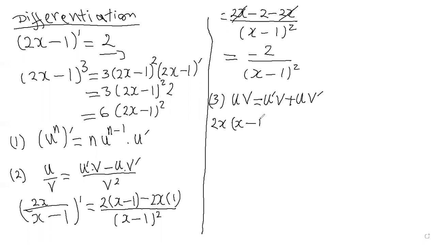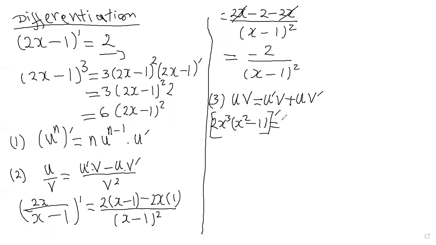Let me put here 2 and here 3. So instead of multiplying this out, we can do this. Watch me here. This is our u. If we derive all this, let's start by deriving u first.